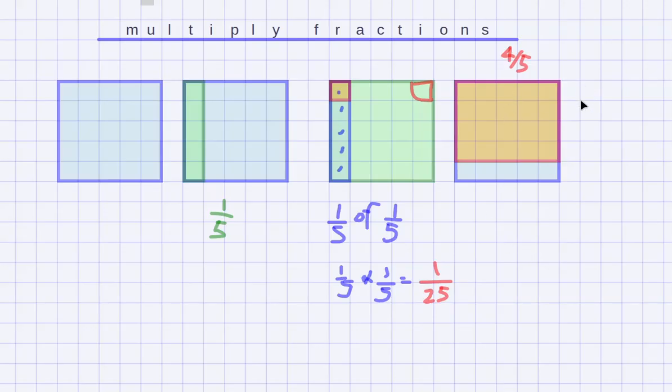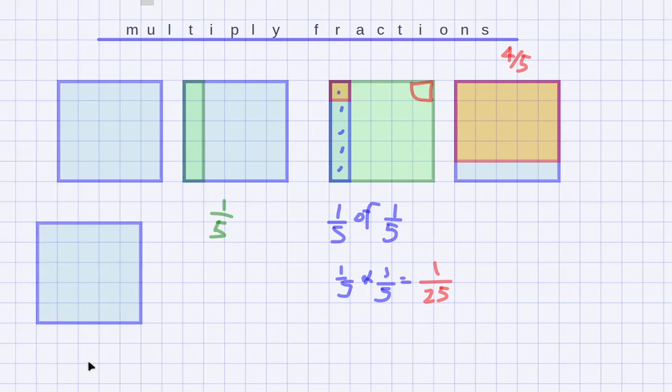And if we wanted 3/5 of the pizza, it would be 3 wide. Let's say it would be another pizza.